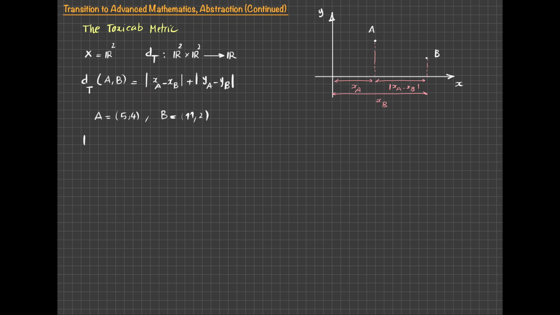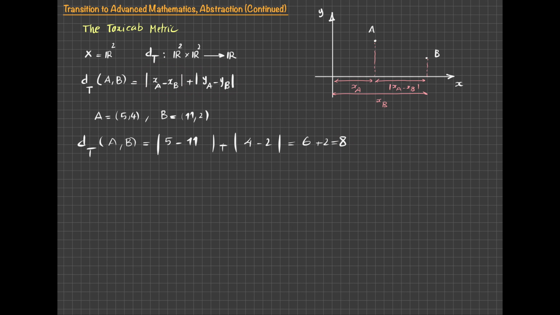If I want to find the taxicab distance between these 2 points, I have to put 2 absolute values added. In the first absolute value, I write the difference between the x coordinates, and in the second one, the difference between the y coordinates. So the first one is 6, the other one is 2, so this is 8. So the taxicab distance between these 2 points is 8.